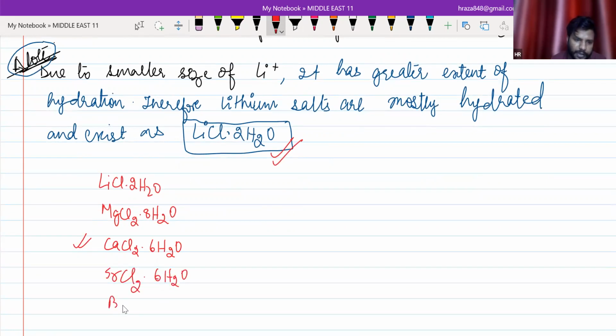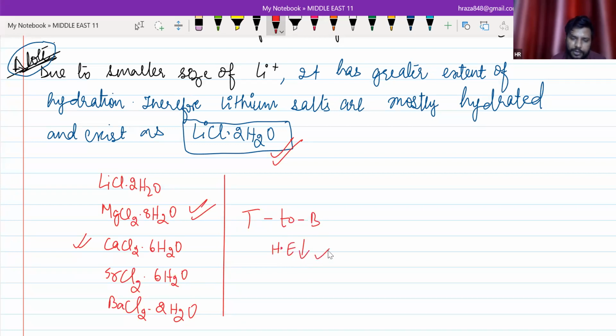SrCl2.6H2O, BaCl2.2H2O. I'm going to write from top to bottom, hydration enthalpy decreases. I didn't talk about beryllium. I will talk about it at last.